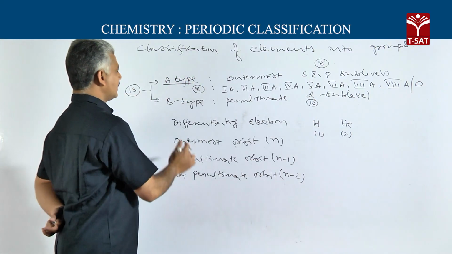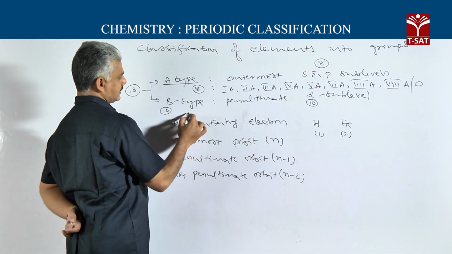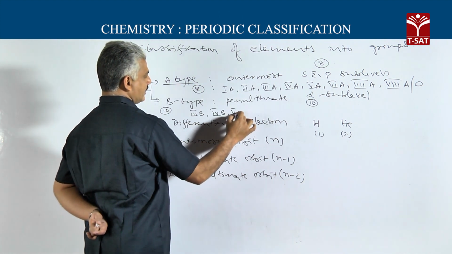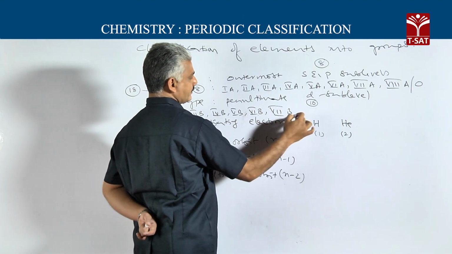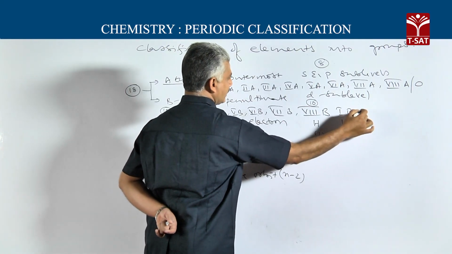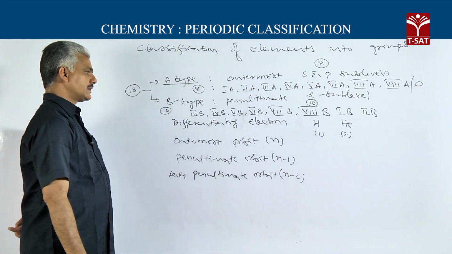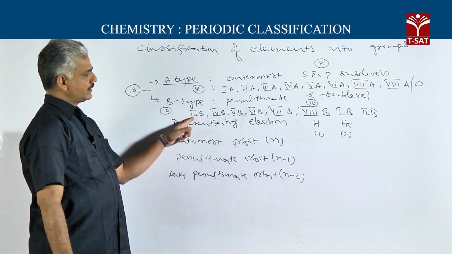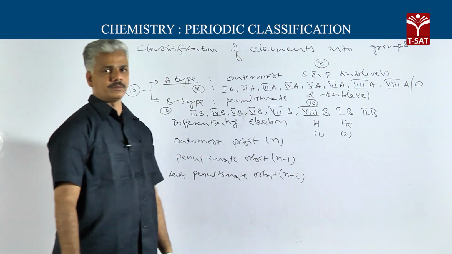That is why there are 10 B type groups, and these are named 3B, 4B, 5B, 6B, 7B, 8B, 1B and 2B. That means there is no sequential order in the B type groups. It begins with 3B, continues up to 8B and ends with 1B and 2B.